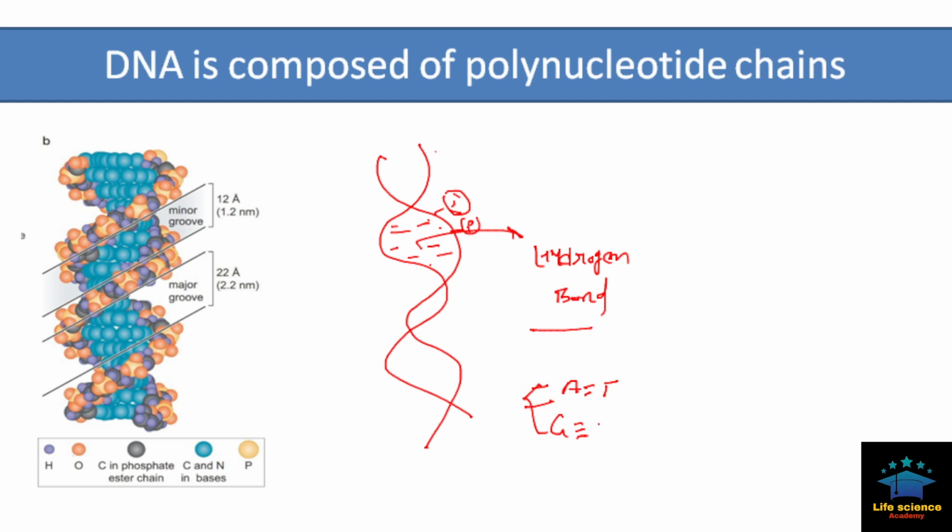If we talk about hydrogen bonds, there are two things required to make the hydrogen bond. First is the donor group, and second is the acceptor group. So one polynucleotide chain has the donor group and the other has the acceptor group, to make the hydrogen bond, which gives stability to the DNA.